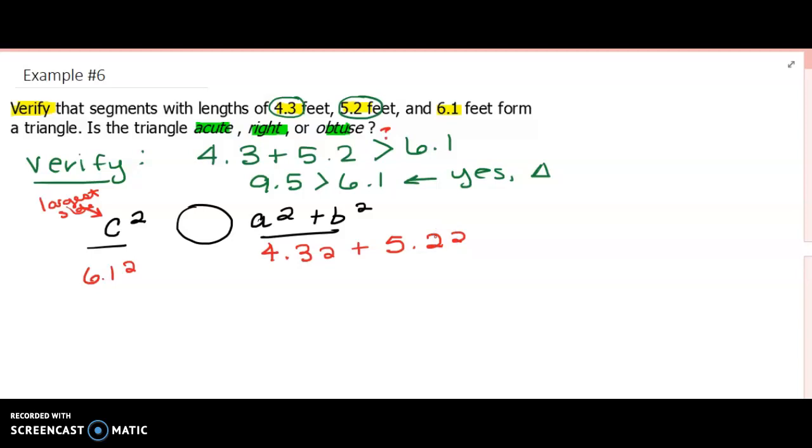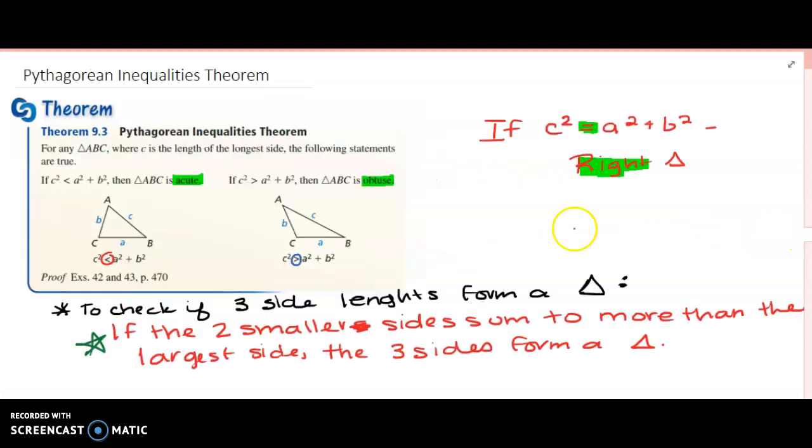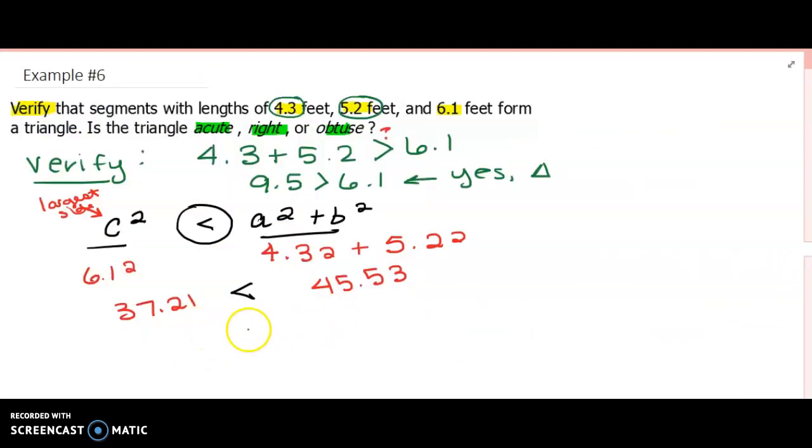I put that in my calculator and I get 45.53. 6.1 squared is 37.21. So clearly my c squared is less than my a squared plus b squared. So if we look back here, when my c squared is less than a squared plus b squared, I have an acute triangle. So this triangle here is acute.